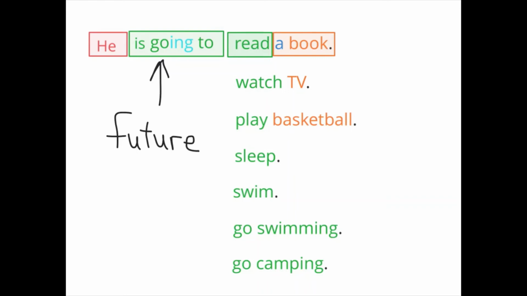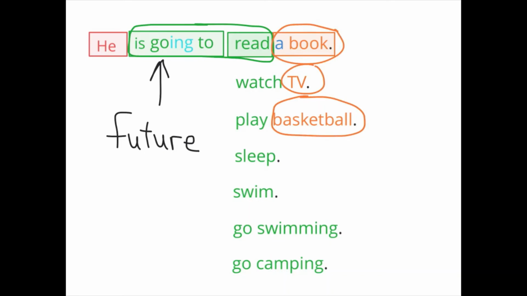We also want to see that our verb in these sentences is 4 words. Is, going to, and then the action word read. Some of these need an object after them, especially if with that verb we need to ask the question what in order for it to make sense. Watch what? Play what?